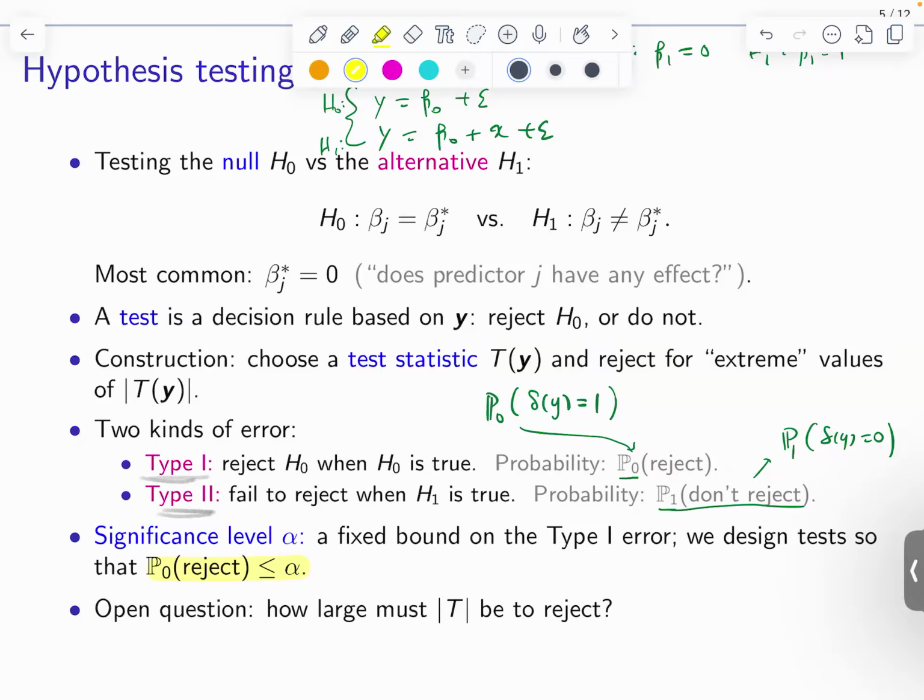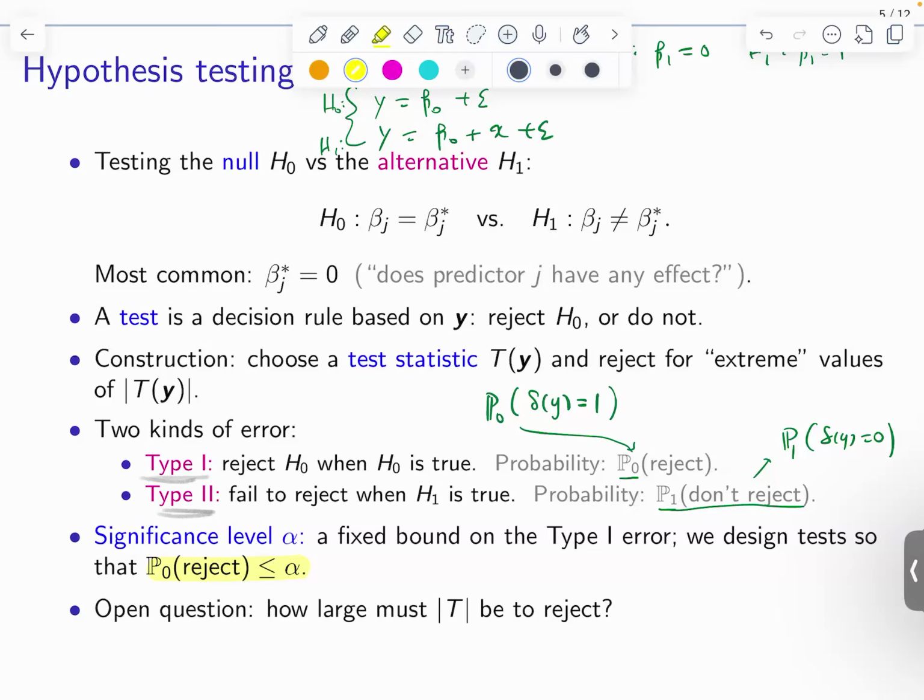So if you're given this budget, you try to use as much of it as possible. So you end up having a test whose type 1 error is alpha, and that's called the significance level of the test. And that's probably what you have heard about. You say, for example, we reject at level alpha or reject at level 0.05. It means that our type 1 error is below or actually equal to alpha.